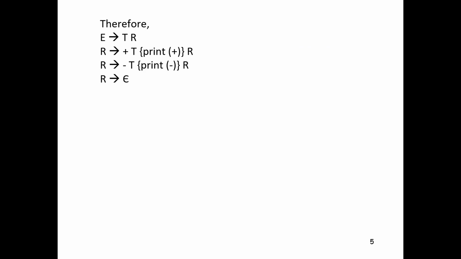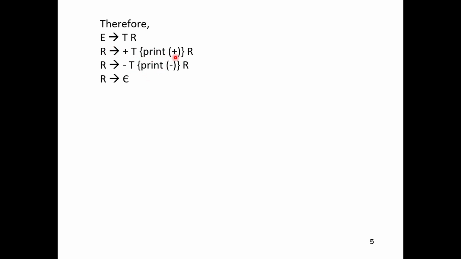Consider the productions E gives T R, R gives plus T R, R gives minus T R, R gives epsilon. In this, the actions are embedded within the symbols between the RHS of the productions.